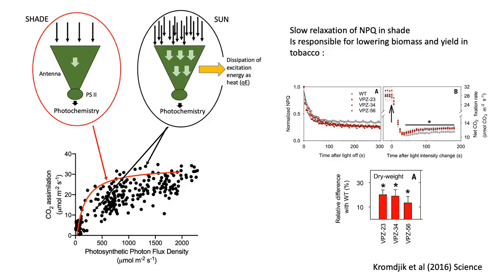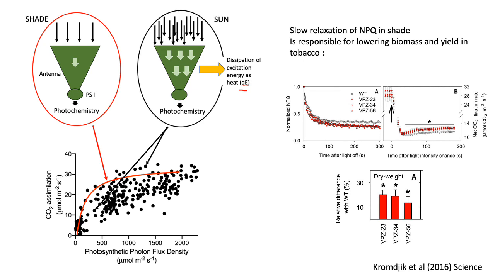So the outcome of this is that as a leaf moves from high light to low light, it will be operating NPQ, in this case termed qE, and qE results in a lowering of the photosynthetic rate under light-limiting conditions.